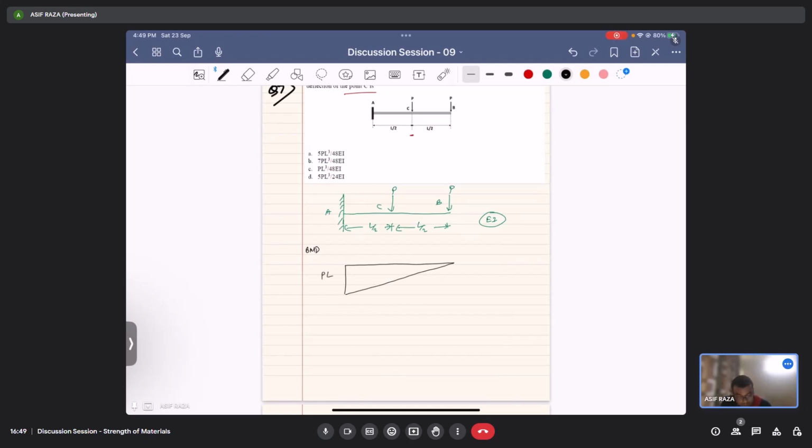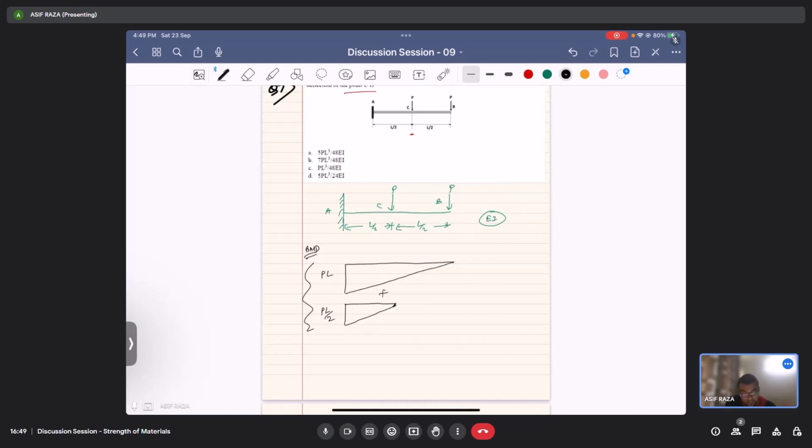But there is an additional load applied at C, so my additional bending moment diagram contribution would be PL by 2 from C. These are combined, and this combined is my bending moment diagram.